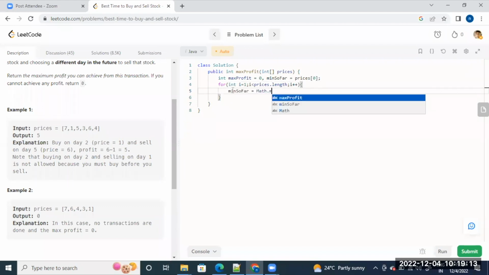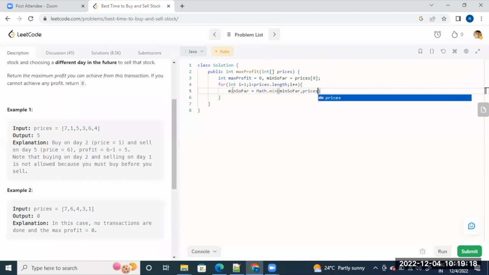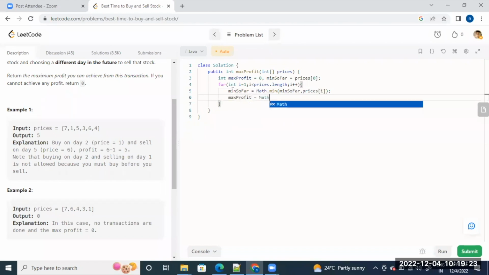Min so far is Math.min of min so far and the current value, prices of i. And max profit is Math.max of max profit and prices of i minus min so far. These are the 2 things we are looking for, and here return max profit. Simple, 4 lines.